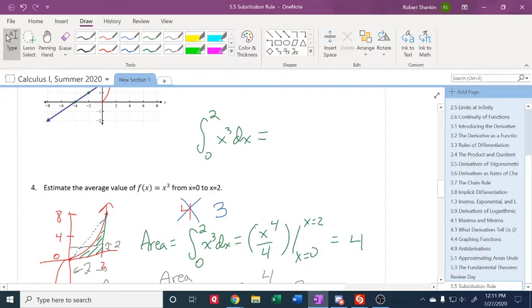Usually what I do first is I estimate this. How do I estimate it? I draw a quick rough sketch like this, and I tell myself, all right, I'm looking for this green area under the curve.